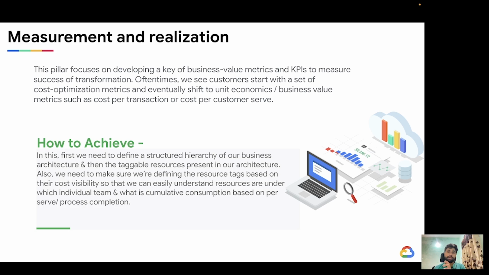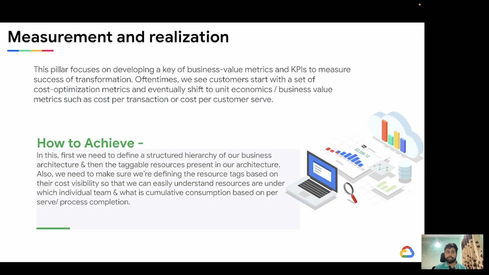Then how we are spending, which particular API, which particular metric is the key parameter, so that we can understand how much money we are spending to serve the end user. This might be cost per transaction, this might be cost per customer served. So here we define how we are spending our money on different cloud resources.